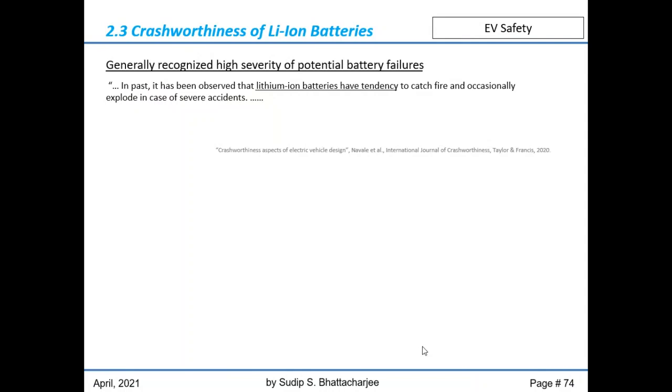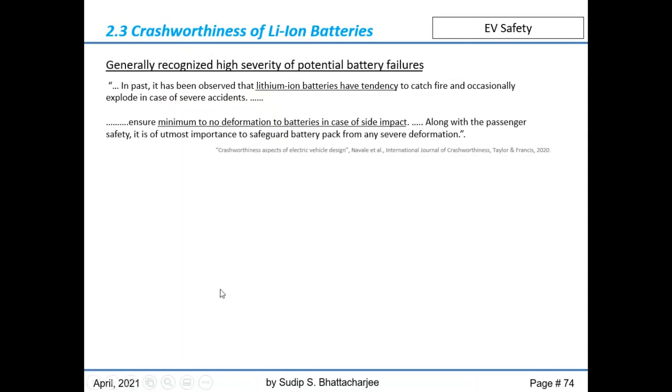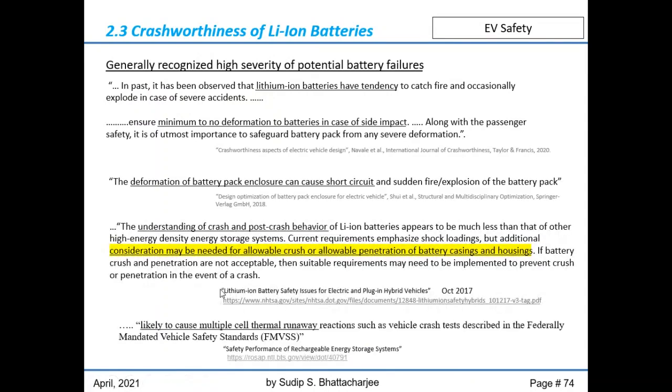Here again, I'm citing several other references for general knowledge. I don't need to go through each of them, but the bottom line message is that there is a general understanding, or general comment everywhere, that if lithium-ion, high voltage, high energy storage battery systems are severely deformed, they can lead to unwanted consequences that pose additional risk to the safety of the occupants of the vehicle.